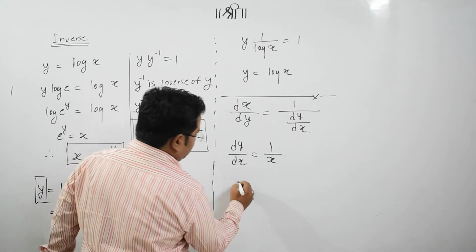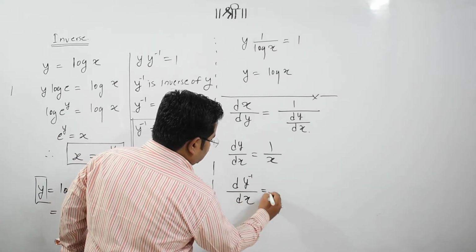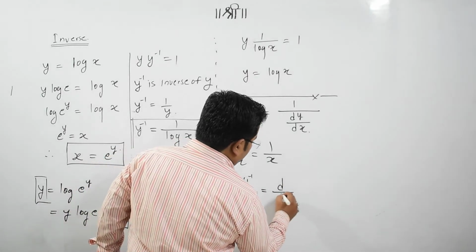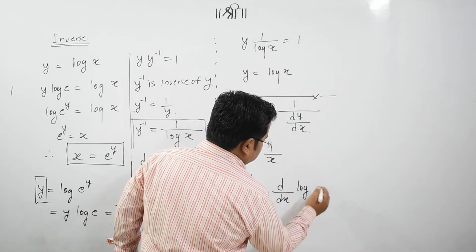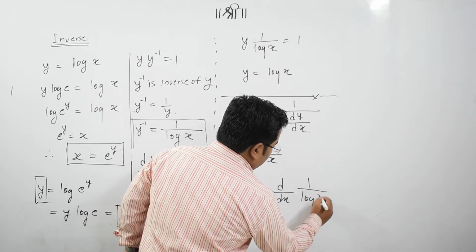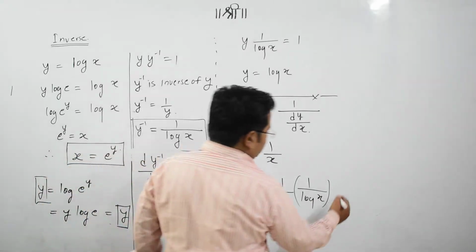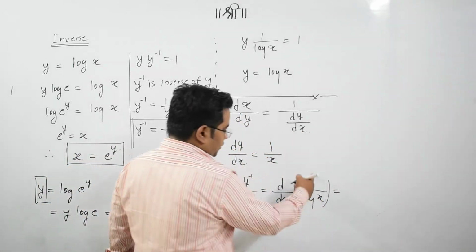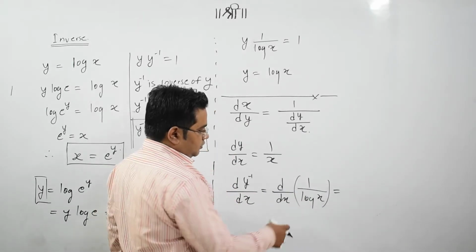So d of the inverse upon dx is equal to d upon dx of, not log of, 1 upon log of x. If you differentiate this function, what will you get? 1 upon something, and that minus sign will come outside. So what will happen to this?